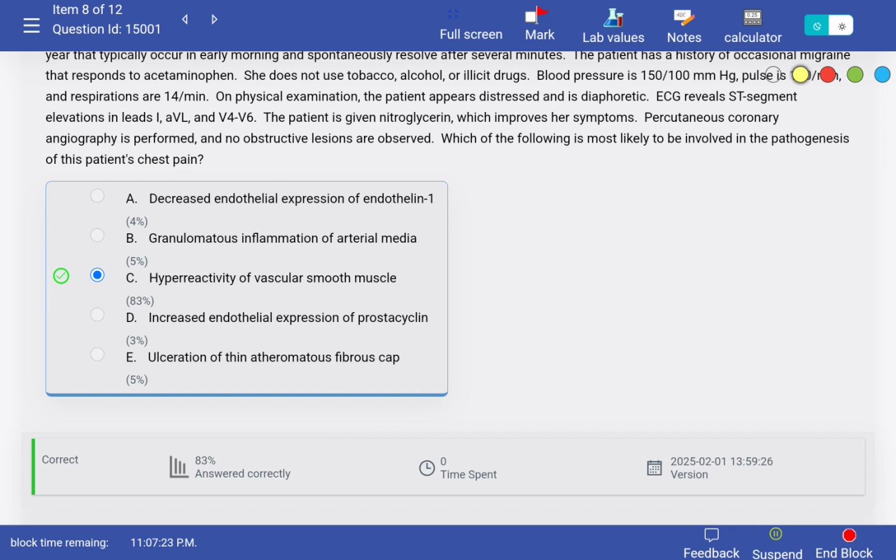Endothelin expression would cause vasoconstriction. But here they have mentioned decreased, so it would lead to vasodilation.